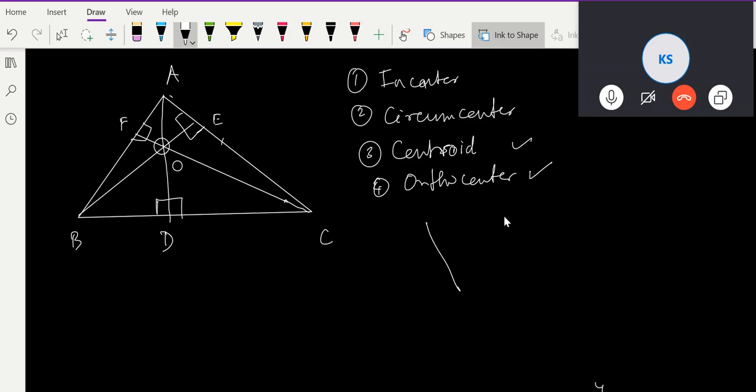Okay, let's look at what the possibilities are. If I have a triangle like this, then my perpendicular would be like this, right? And this one would be like this. So where will it lie? It would lie outside, to the bottom left.